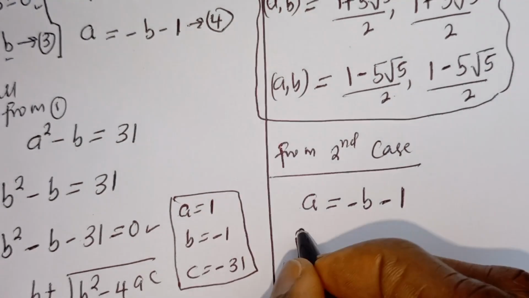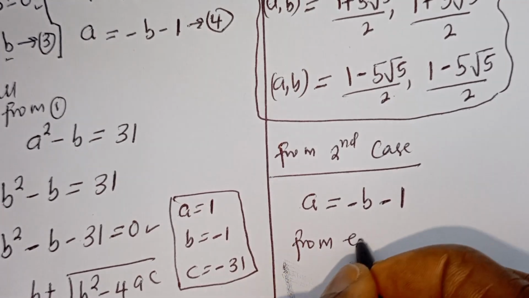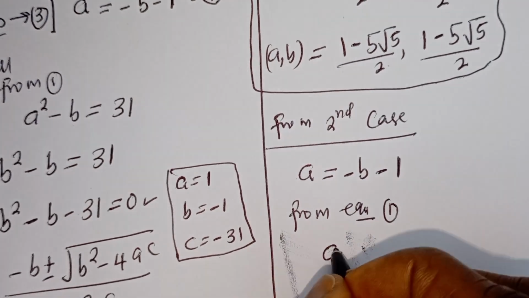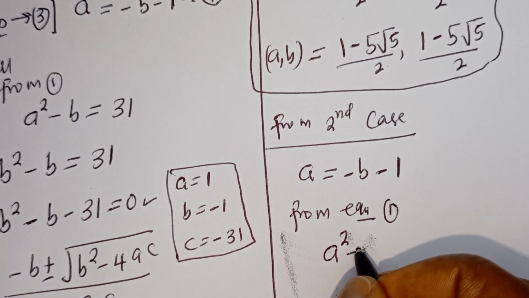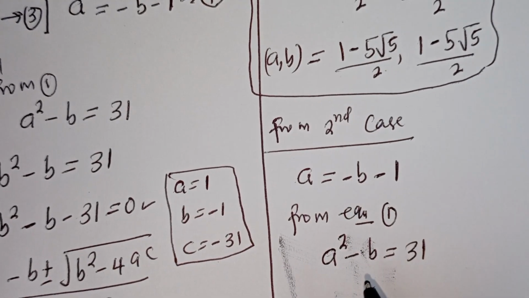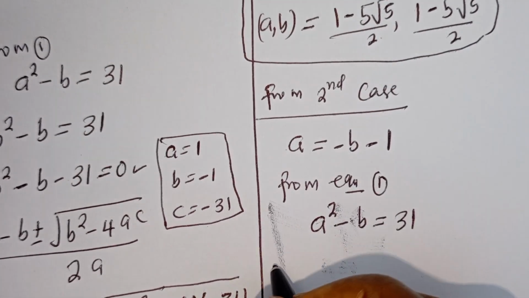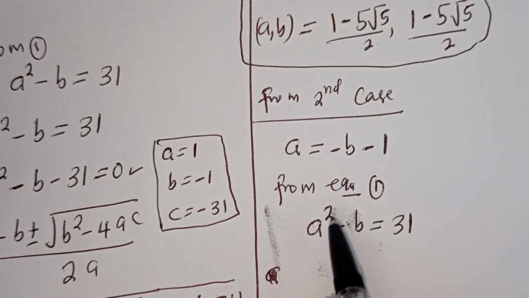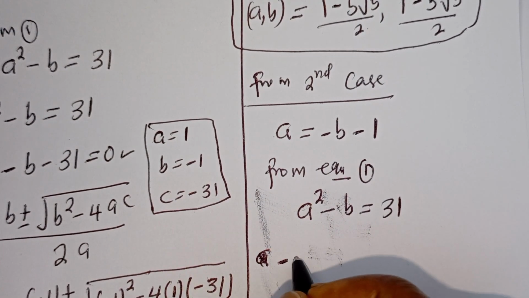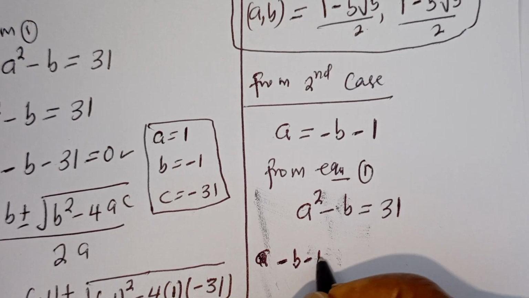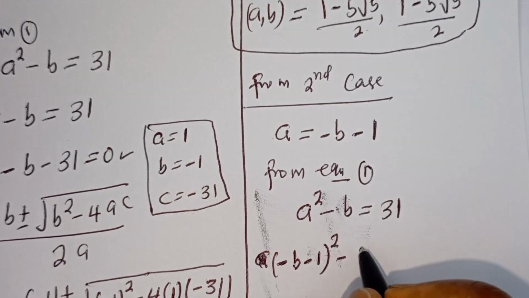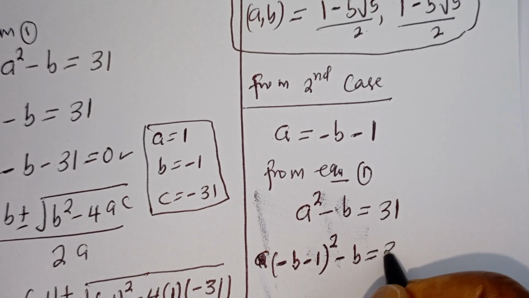Then from equation 1 also, a square minus b is equal to 31. Now here we have, when a is equal to minus b minus 1, we have minus b minus 1 square minus b is equal to 31.